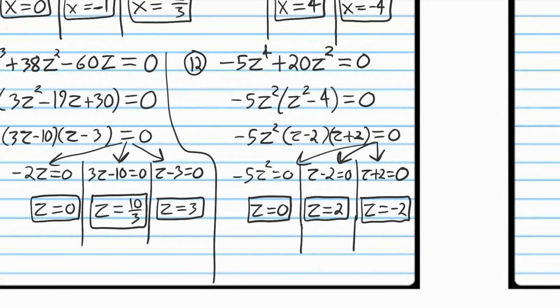All right, so we have +2, -2, and 0. So if you got those answers, good job.